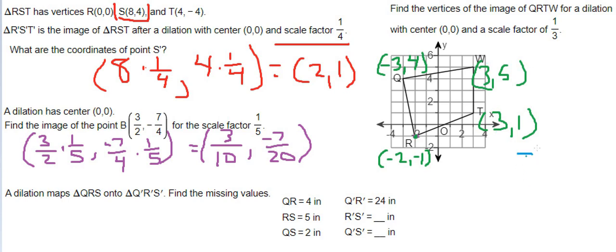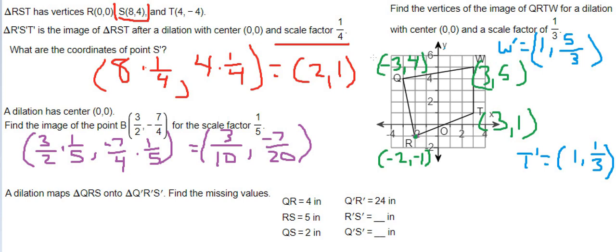So my T prime, which was 3 comma 1, I'm going to multiply each of those by 1/3, and we end up with 1 comma 1/3. My W, multiply each of those by 1/3. So my W prime would be 1 comma 5/3. Make sure you put these in parentheses.